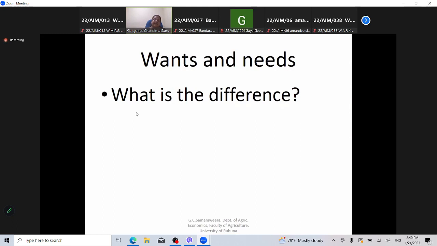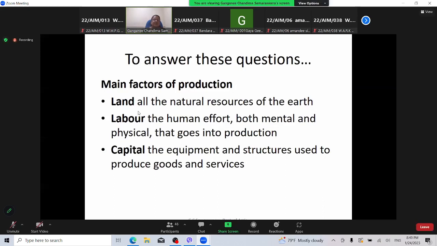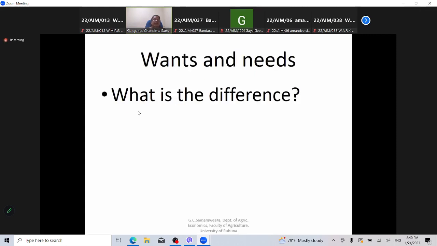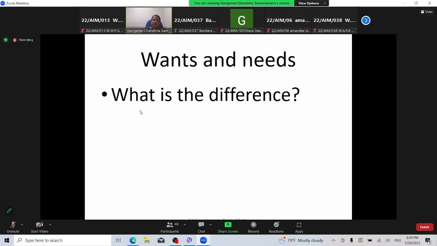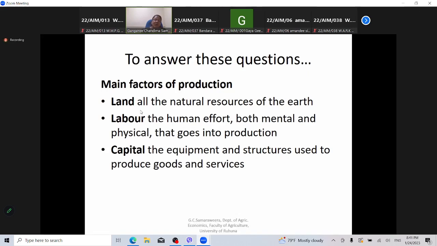Wants and needs. Because if we consider this resource base, we need to consider these factors of production. We need to satisfy people's needs and wants. Why do we produce things? Why do you eat your dinner now?